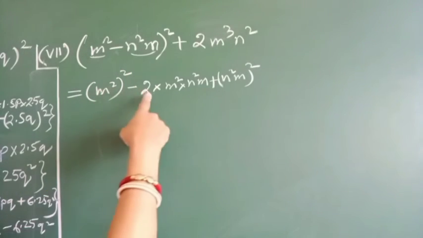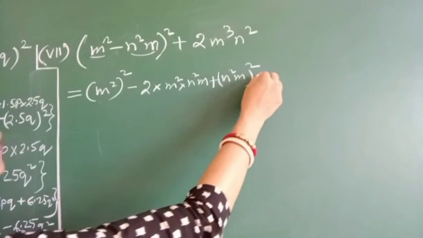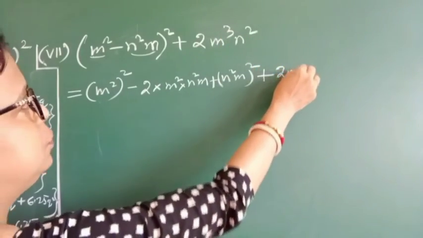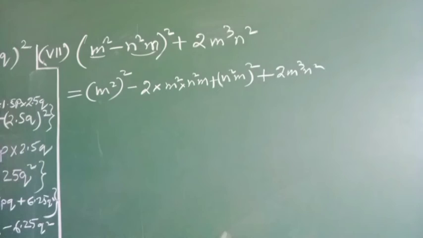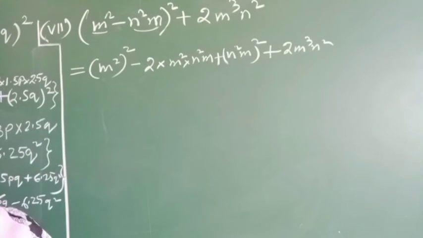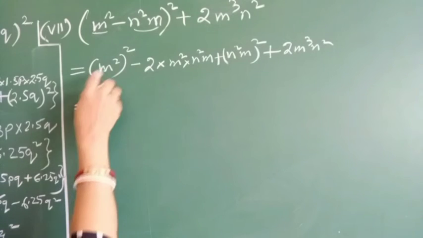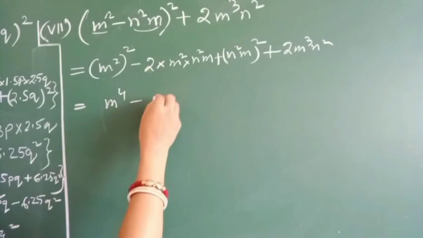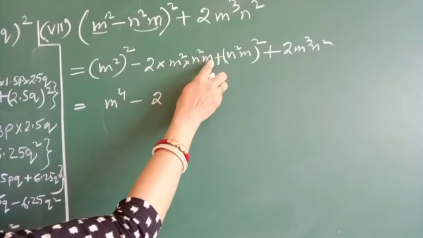a square minus 2ab plus b square, then whatever is given here, 2m cube n square. Next, m square whole square, that is m to the power 4 minus 2 m square and another m is there.